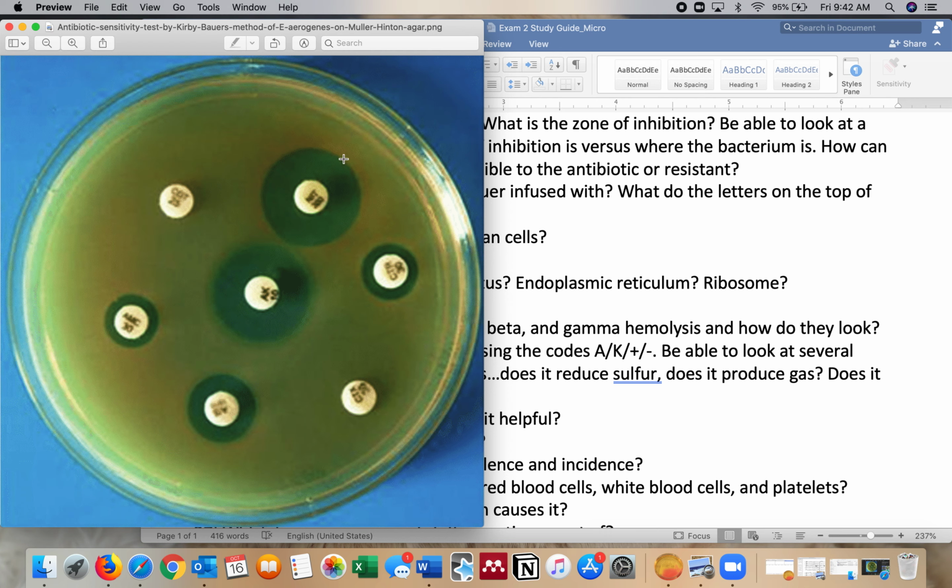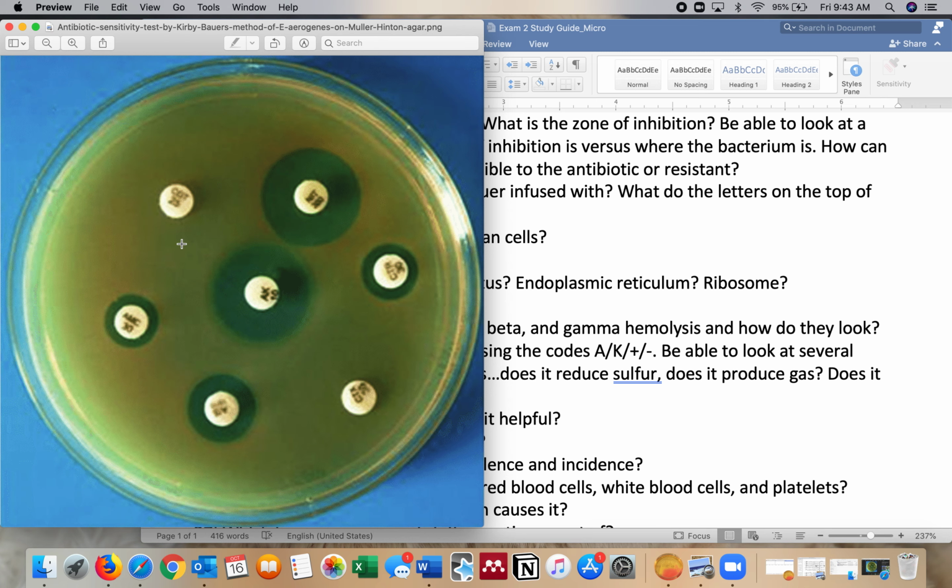So in this area, there is no bacteria growing because it is being inhibited by the antibiotics in this disc, okay? Whereas the bacteria is completely growing all the way up to this disc, which means that the antibiotics in this disc did not inhibit the bacteria here.